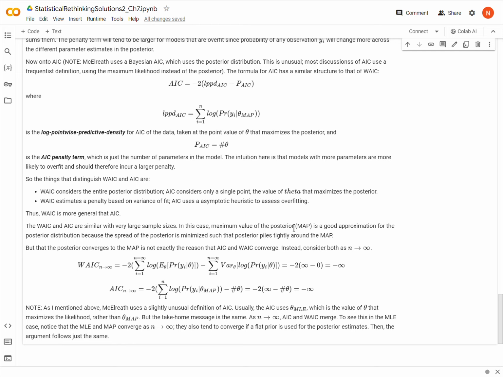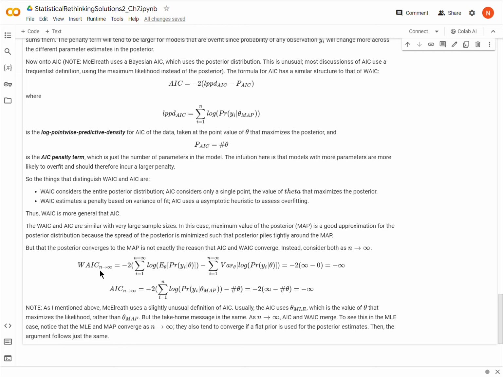The MAP is going to be the most probable value of the posterior distribution, so we're going to have a peak of the posterior distribution at the MAP. But as we have more and more samples, the variance of the posterior distribution shrinks until the posterior distribution just piles up all over the MAP, right? So in the limit, the posterior distribution is the MAP.